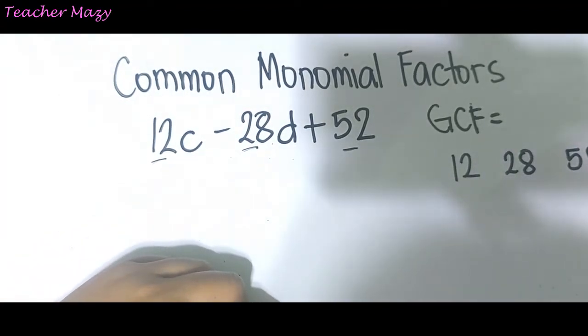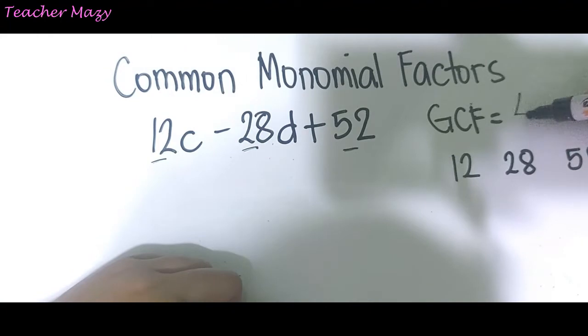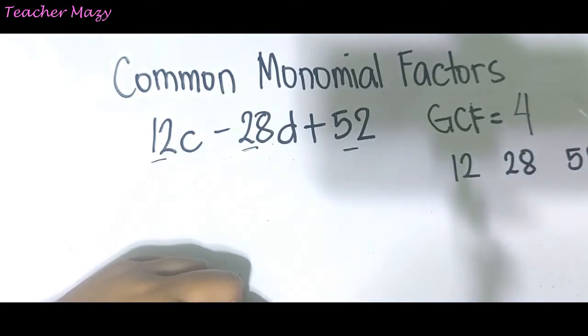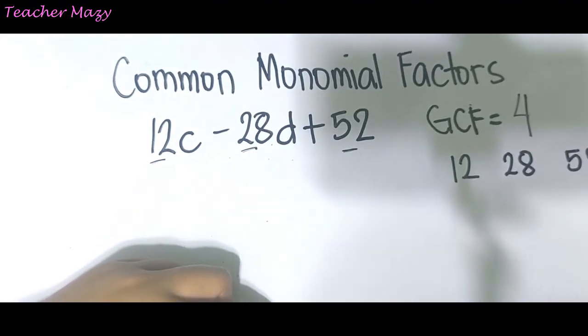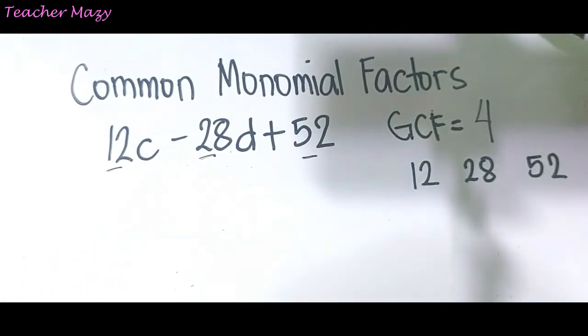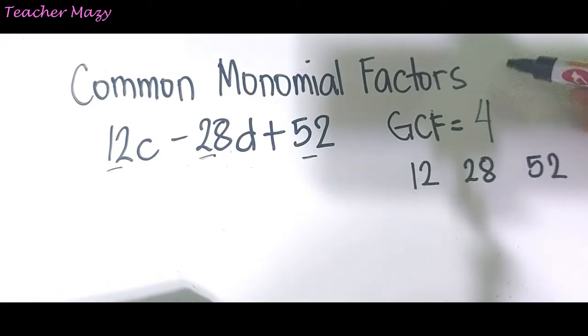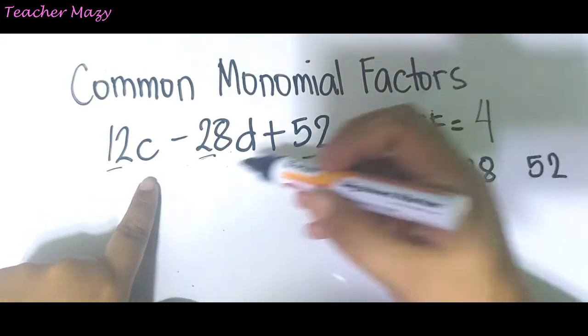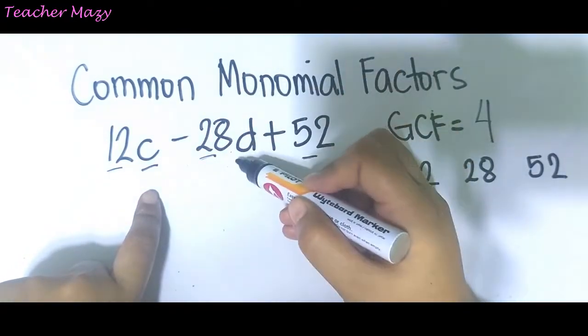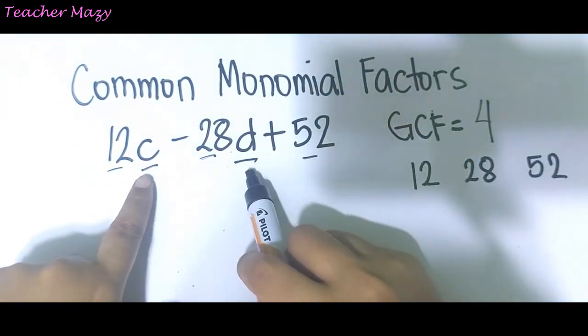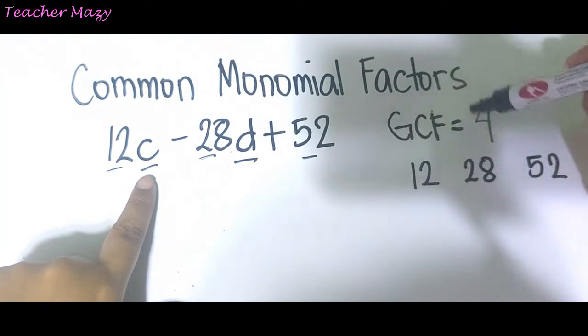These numbers can all be divided by 4. For the variables, we have c and d. We have different variables, so we cannot get a GCF for that.